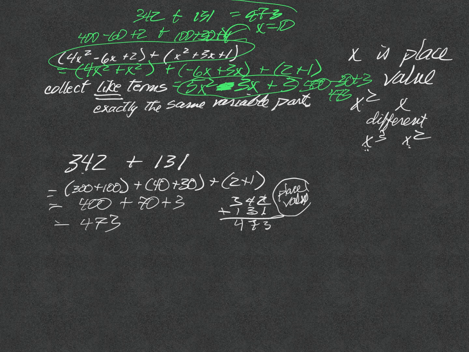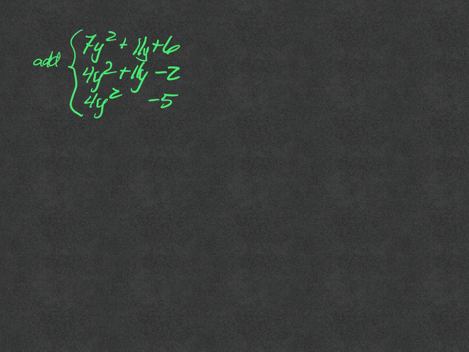So let's do a couple of quick problems. Subtraction's really the same thing, except you want to add the opposite. And I'll show you that in just a sec. So here's an example. We want to add these three polynomials. Well, one of the things you can do is you can line them up like place values, where the y squareds are lined up, the y's are lined up, and the constants are lined up, and then you can add those.